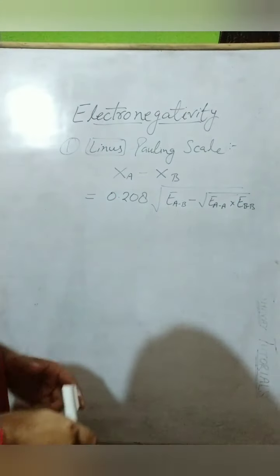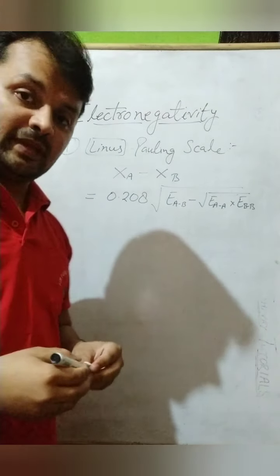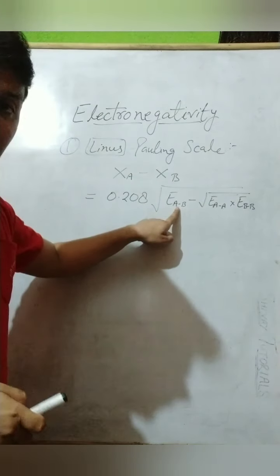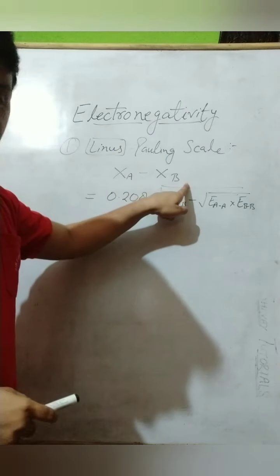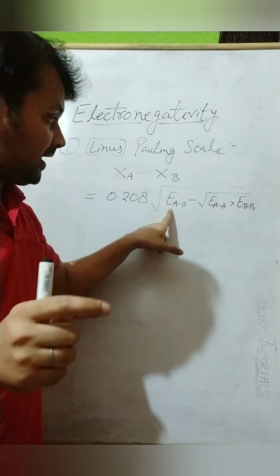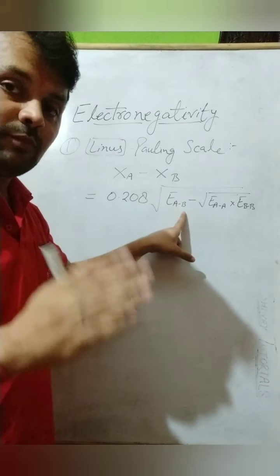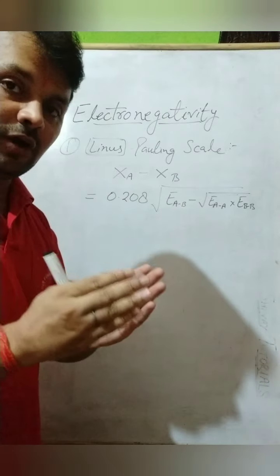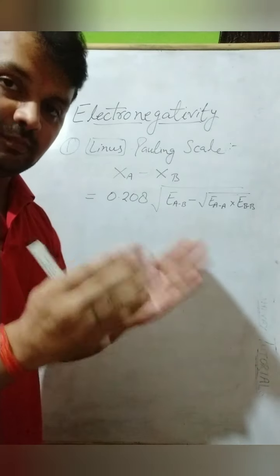Here E represents bond energy. E_AB represents the bond energy between atom A and atom B.